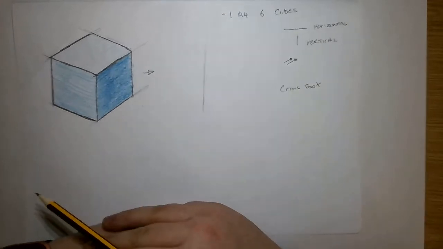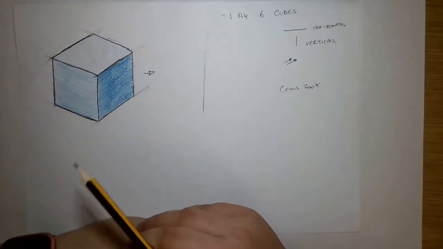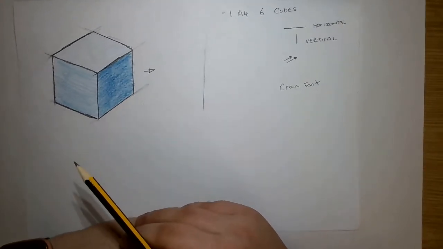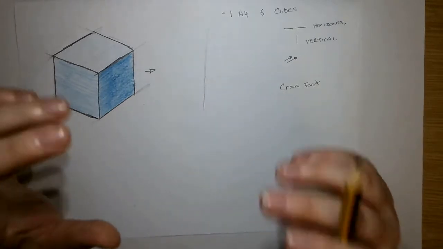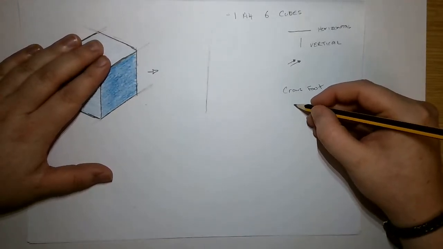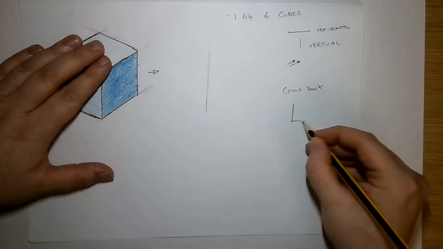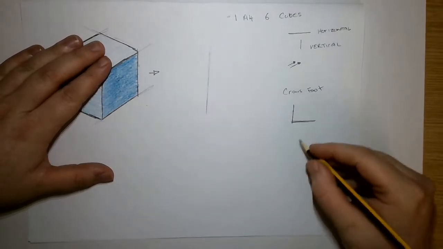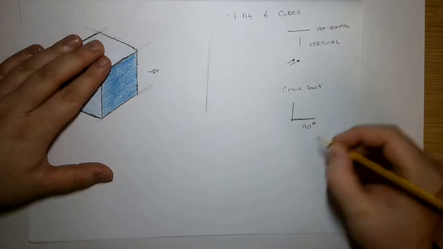This one here. That needs to go off at about 30 degrees. Now, if you don't know what 30 degrees is, that's also absolutely fine, because there's a few ways of coming up with it. I'm going to show you the easiest one. If you come over here to the corner of your page, or to a blank spot in your page, and you draw a right angle, just like that, you will all know that a right angle is 90 degrees.